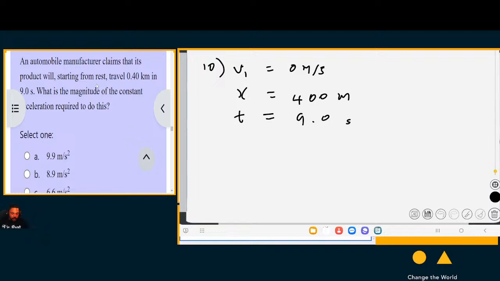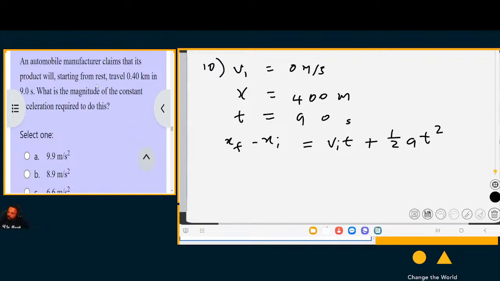Now, we know from our formulas that the change in distance, x final minus x initial, so basically this is just the distance, this delta x, is equal to the initial speed times time plus a half times the acceleration times the time squared.